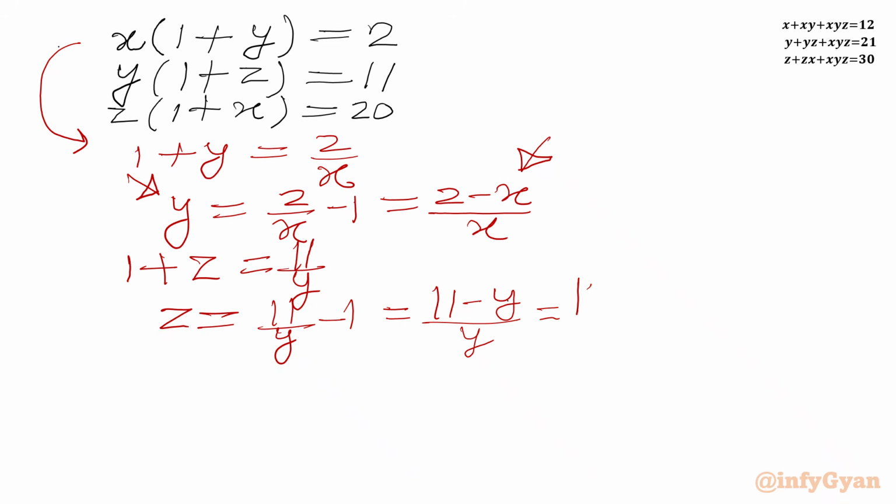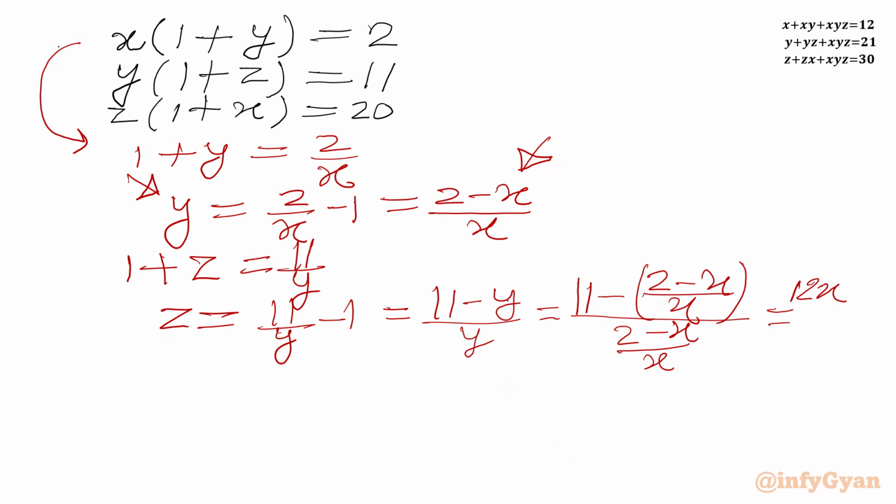So let me write 11 minus 2 minus x over x. In the denominator we have y, so we'll write 2 minus x over x, which will give us 12x minus 2 over 2 minus x.